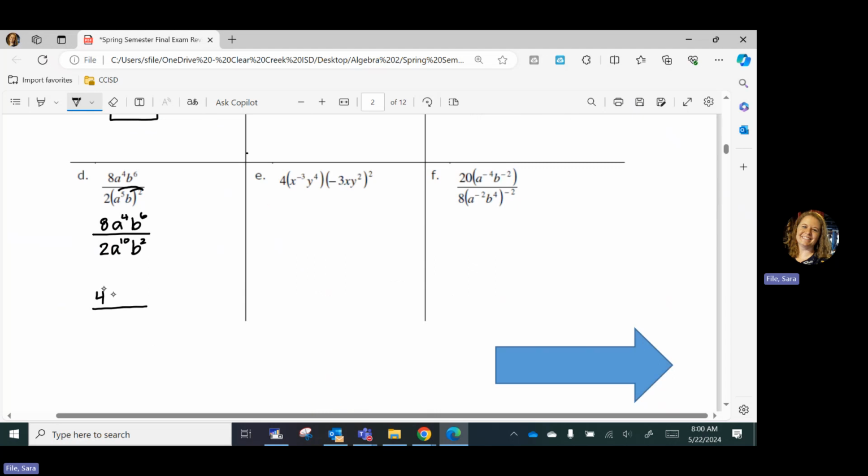So instead of having in the top a to the -6, I'm just going to put a to the 6th in the bottom. Okay, and then b to the 6th over b squared, 6 minus 2 is 4. That's positive, so that's in the numerator, so b to the 4th. So that's how that would simplify.